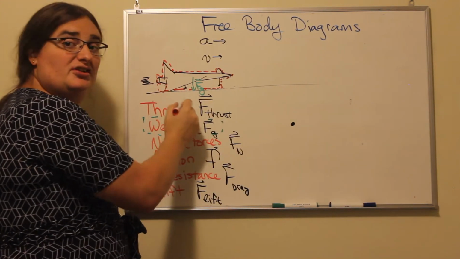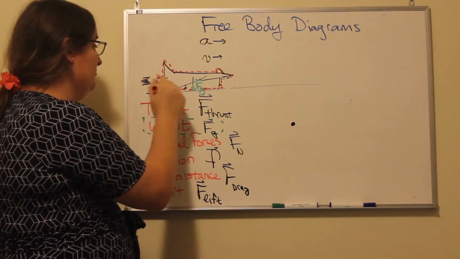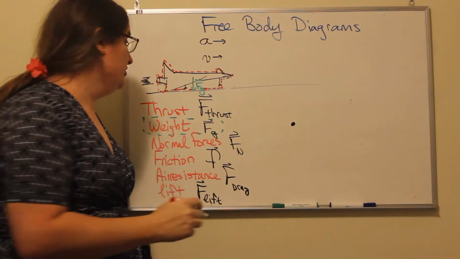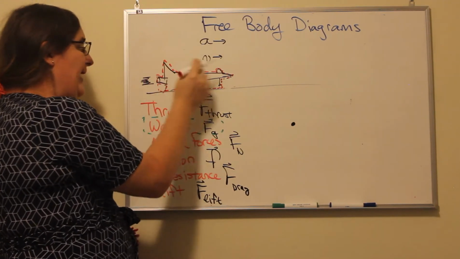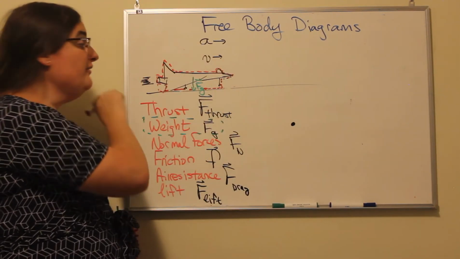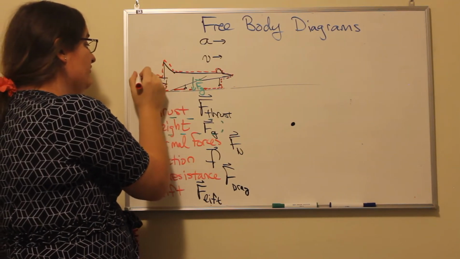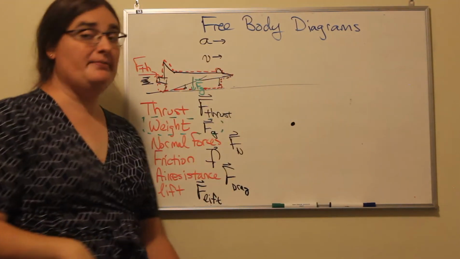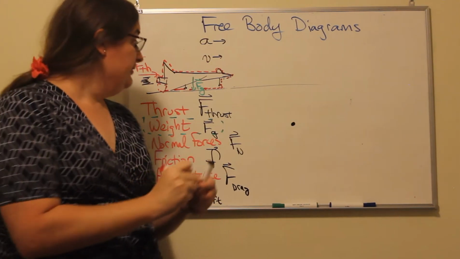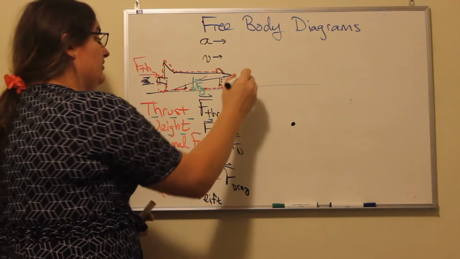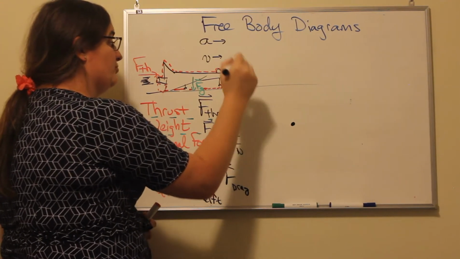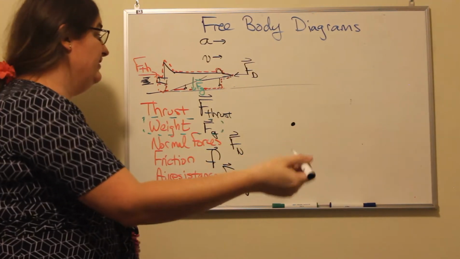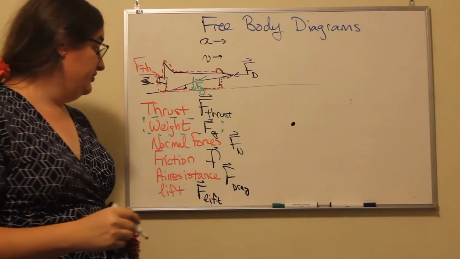So the thrust is between the rocket motor and the stuff that's getting flung out the back of the rocket motor. So if the stuff in the back is getting pushed to the left, then there's a force of thrust that's going to be pushing that plane forward. And for air resistance, the plane is running into the air, so there'll be that force of drag pushing the plane backwards.